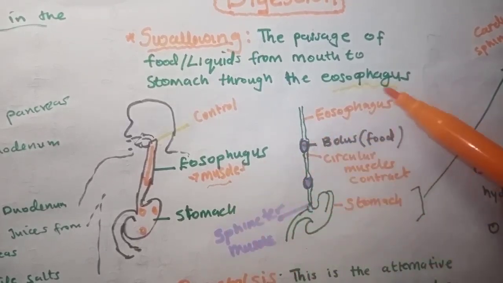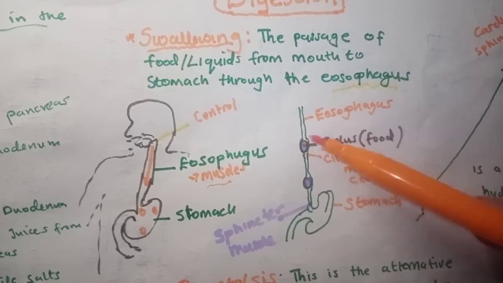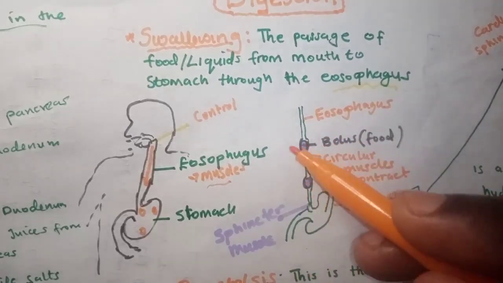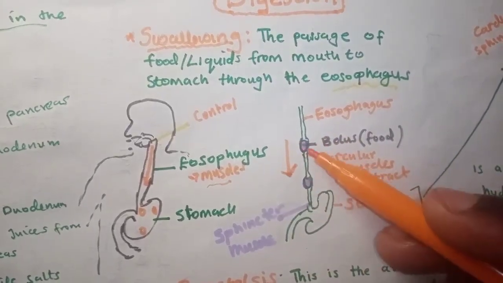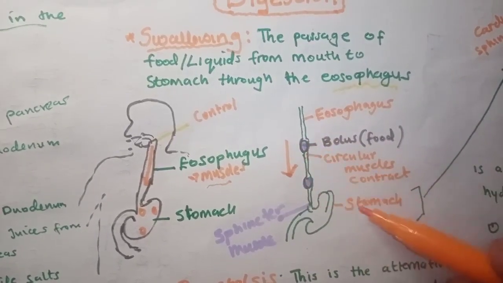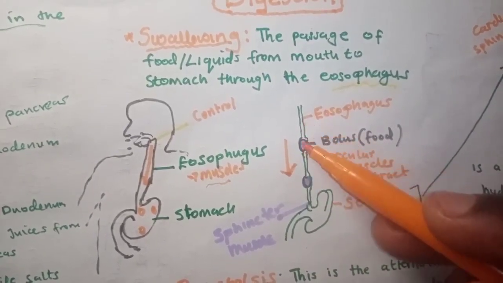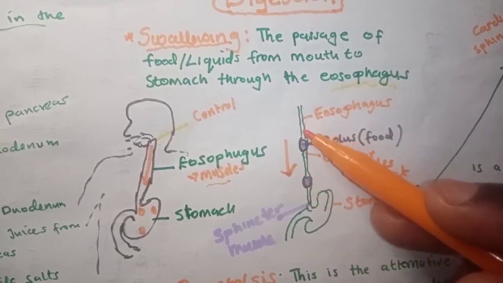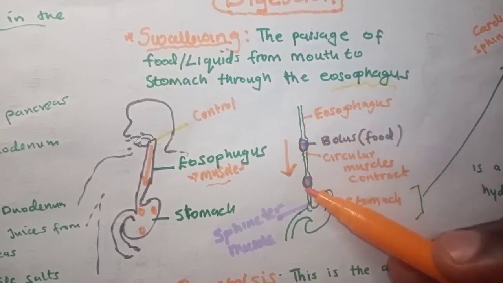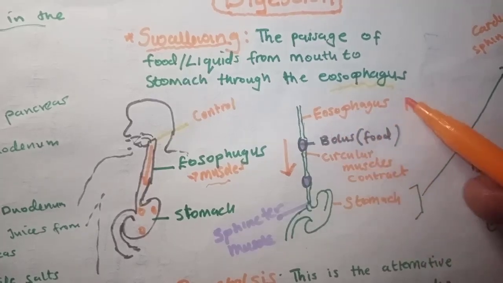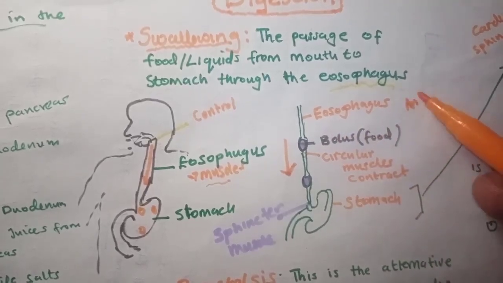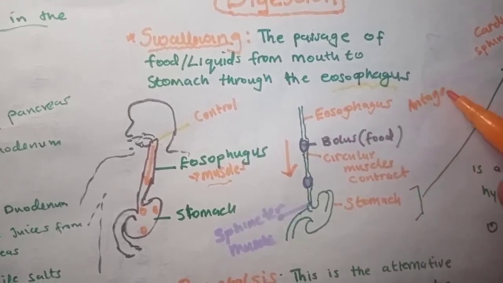Here on this diagram you can see the bolus of food as the food is moving in this direction. What is happening is that the muscles within this esophagus, some of them are contracting, some of them are relaxing. The type of contraction that is happening here is known as antagonistic.